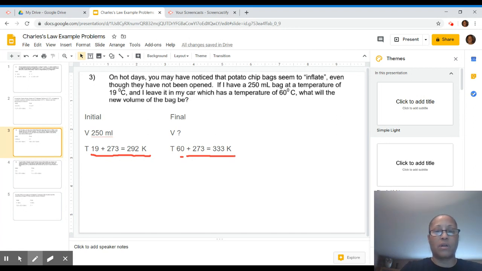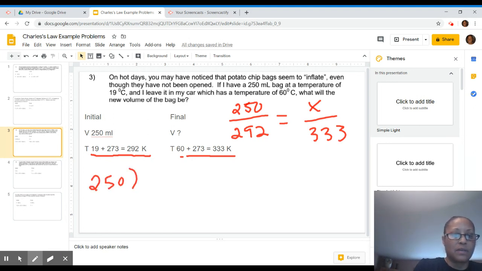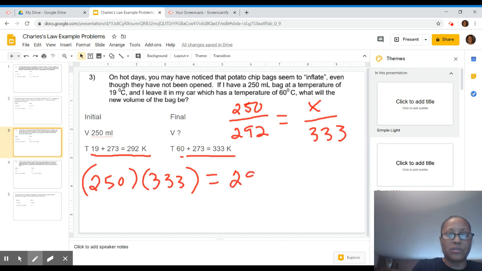So we're going to plug all the information in. That's going to be 250 over 292. Set that equal to x over 333. So when I cross multiply, I get 250 times 333. Set that equal to 292x.